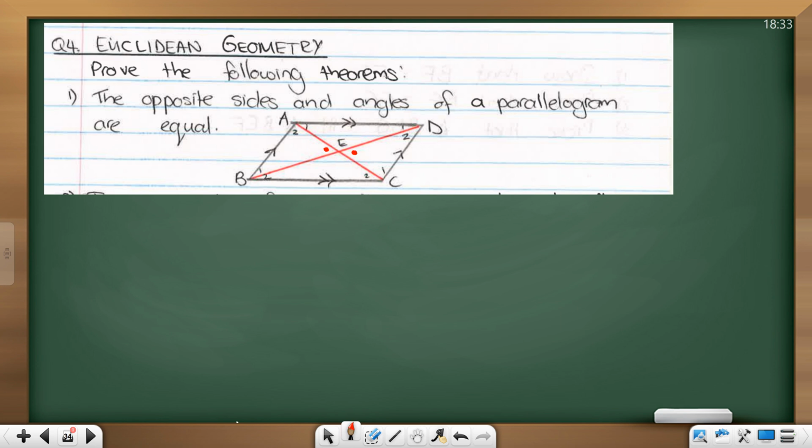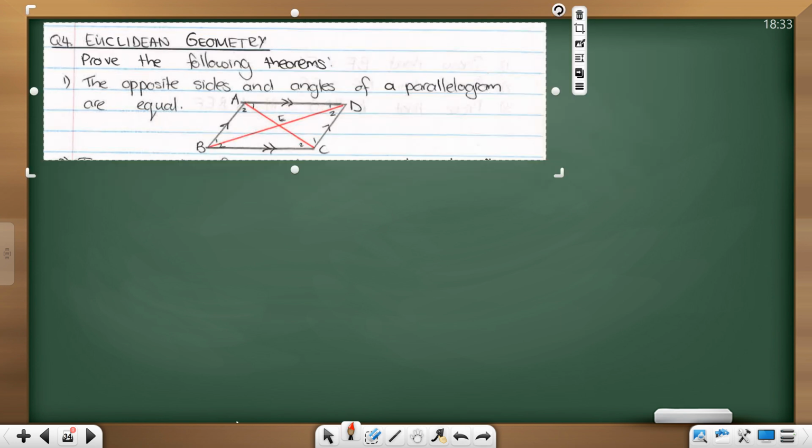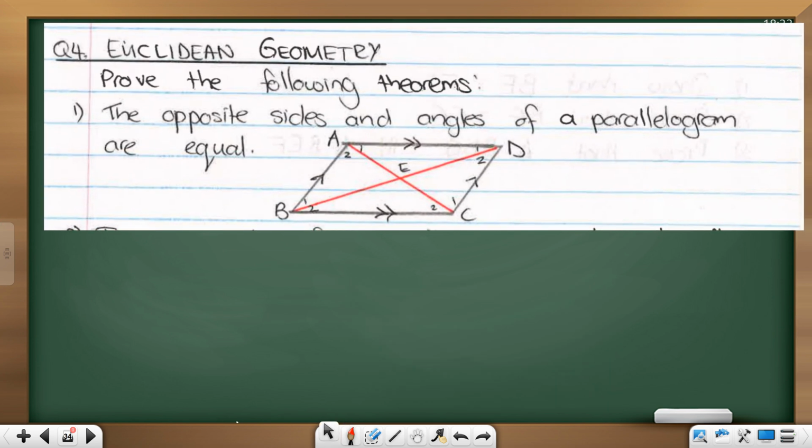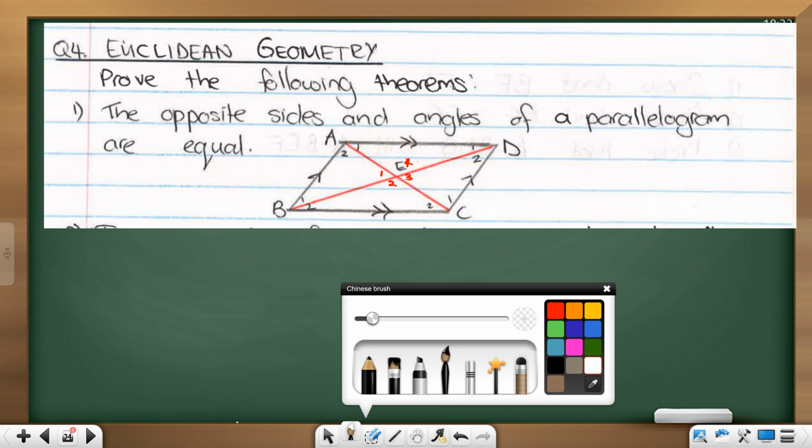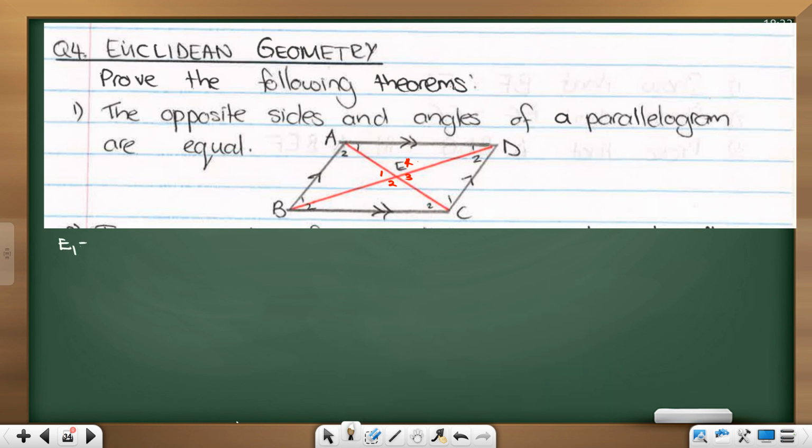Reason. Opposite what? Angles. What else?